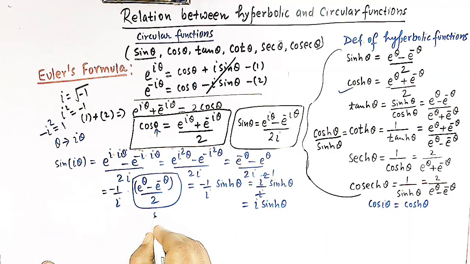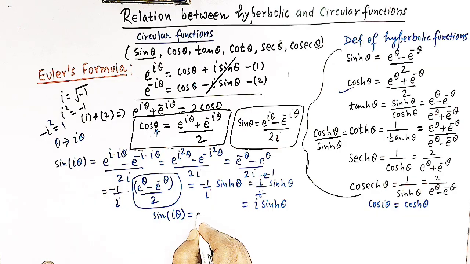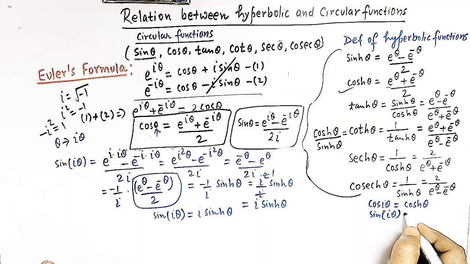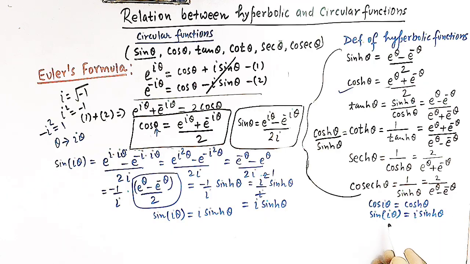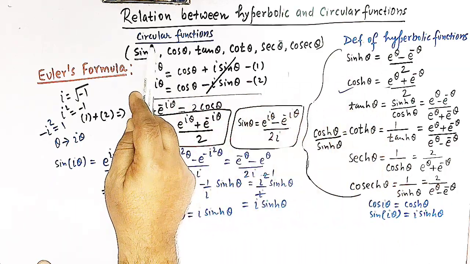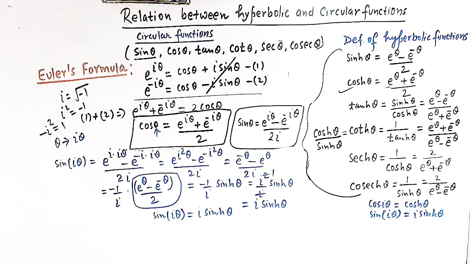So now we have this relation, sine i theta is equal to i times the hyperbolic sine of theta. So this is the second relation between hyperbolic sine and the trigonometric sine.